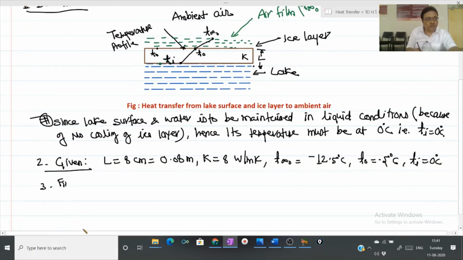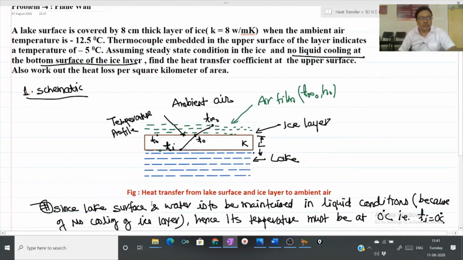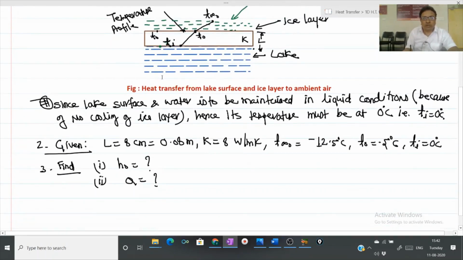What you are supposed to find out, the very first thing is you are supposed to calculate the value of the heat transfer coefficient of ambient air, and the second thing is the rate of heat transfer. One more thing is given in the problem.